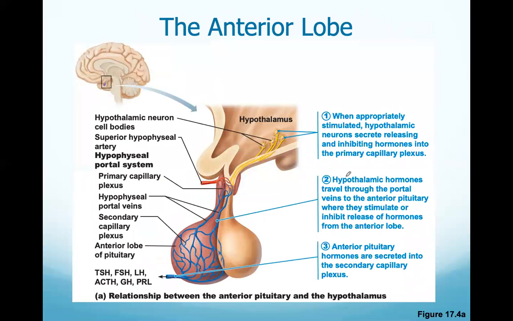So again, let's go back to the anterior lobe, or anterior pituitary gland. How does your hypothalamus communicate with your anterior pituitary gland? For that, it is using a network of blood vessels that connects the hypothalamus to your anterior pituitary gland, which you can see right here. Within your hypothalamus, which is part of your nervous system, you have these neurons.